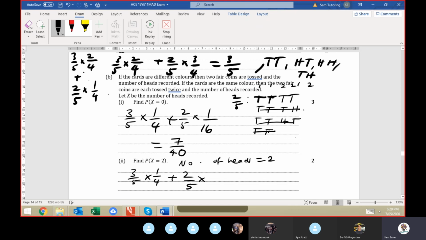When would this occur? 2 heads. Well, if I just continue this pattern, tail, tail, head, tail, tail, tail, head, head, and you can just keep going, tail, head, tail, tail, tail, head, tail, head, and so on and so on.